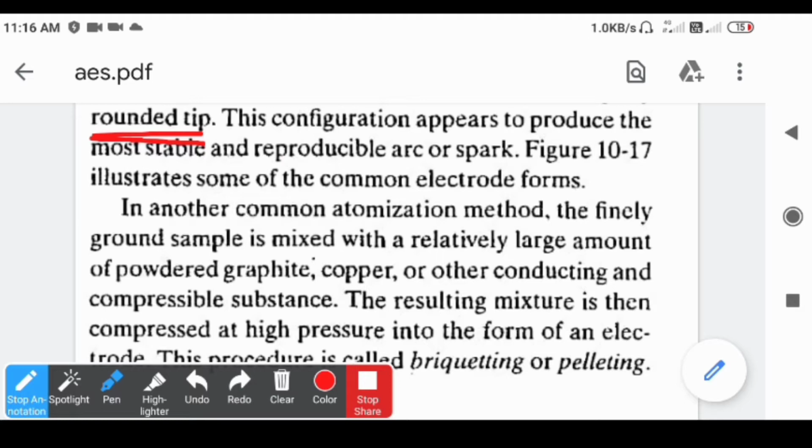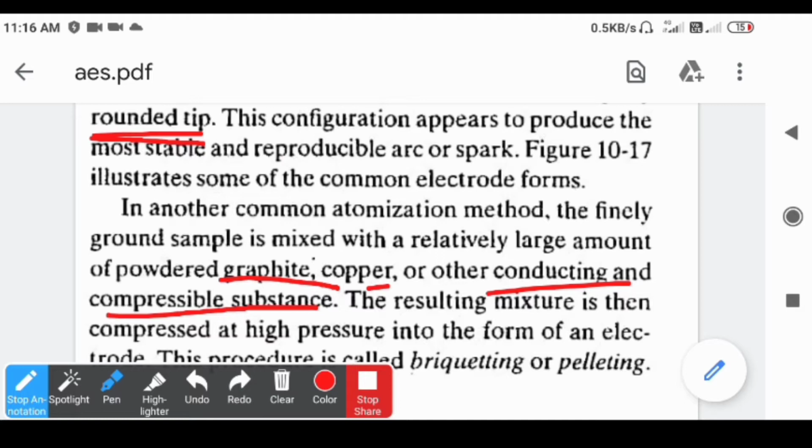Another common atomization method is the finely ground sample, which is mixed with a relatively large amount of powdered graphite or copper or other conducting compressible substance. So these two we have seen: for metallic elements, and for non-metallic elements the graphite electrode where we place the sample.